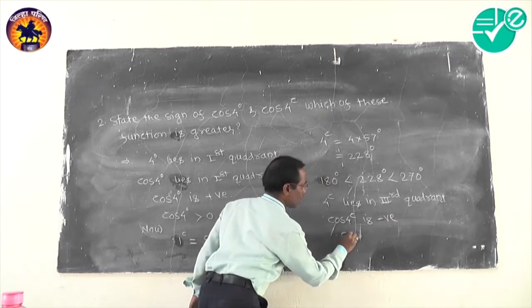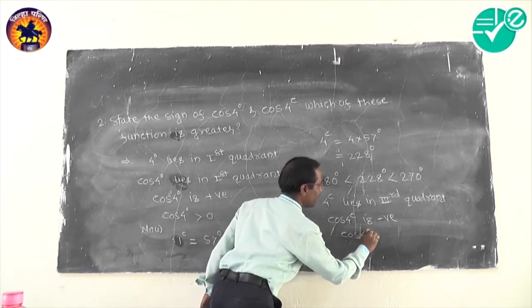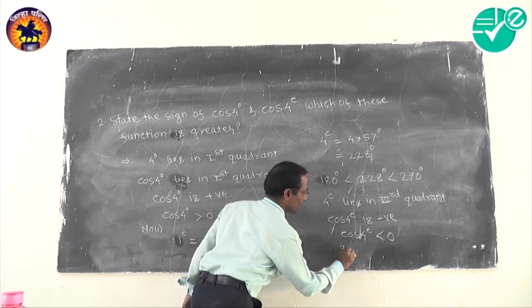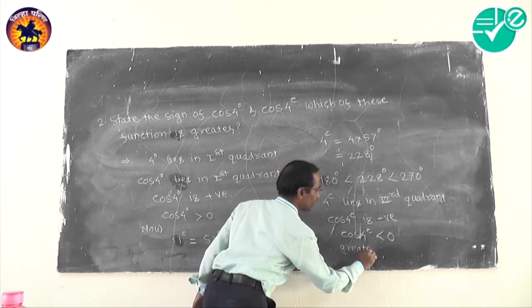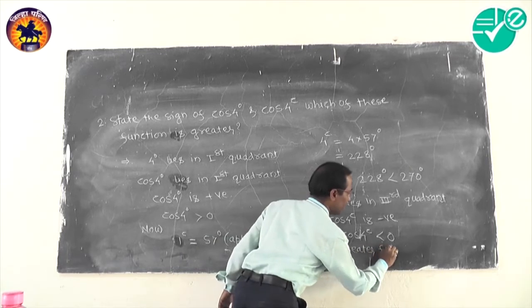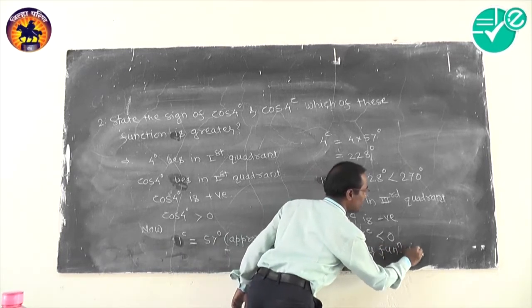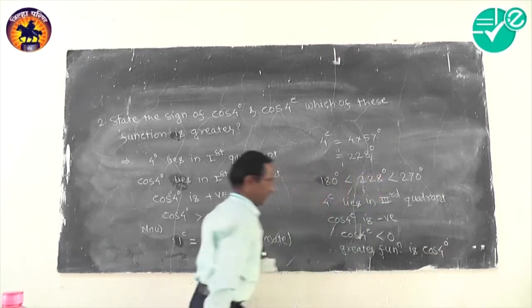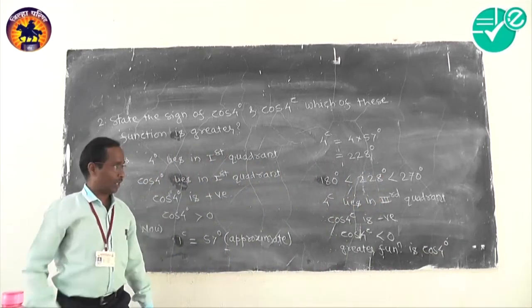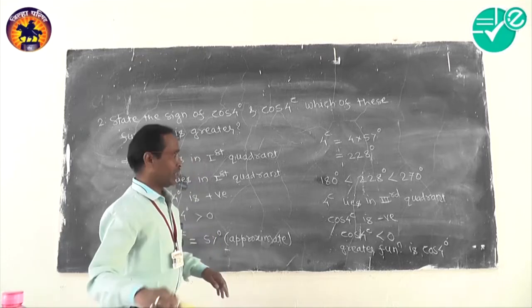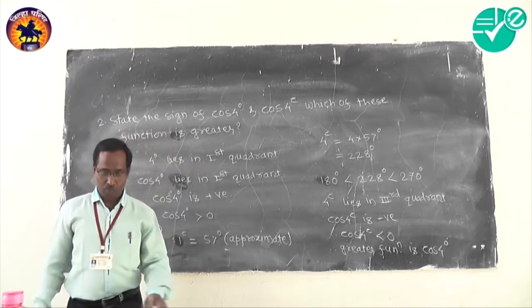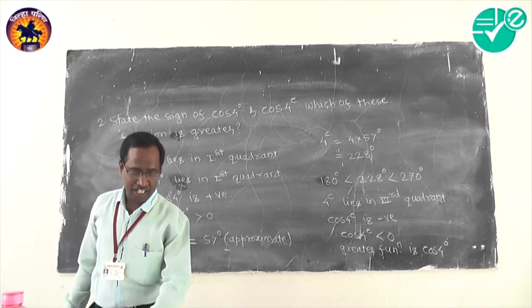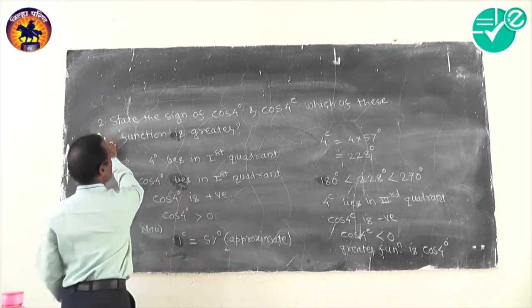Therefore cos 4 radian is less than 0, means the greater function is cos 4 degree. Hence the solution.